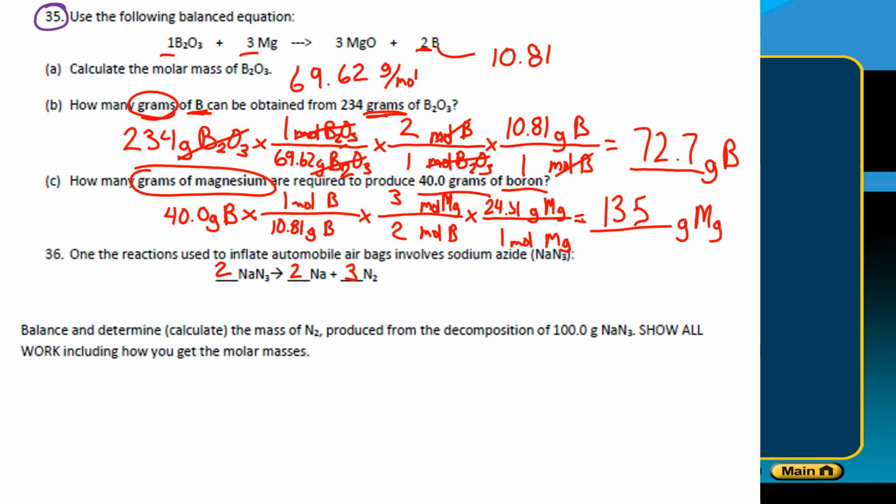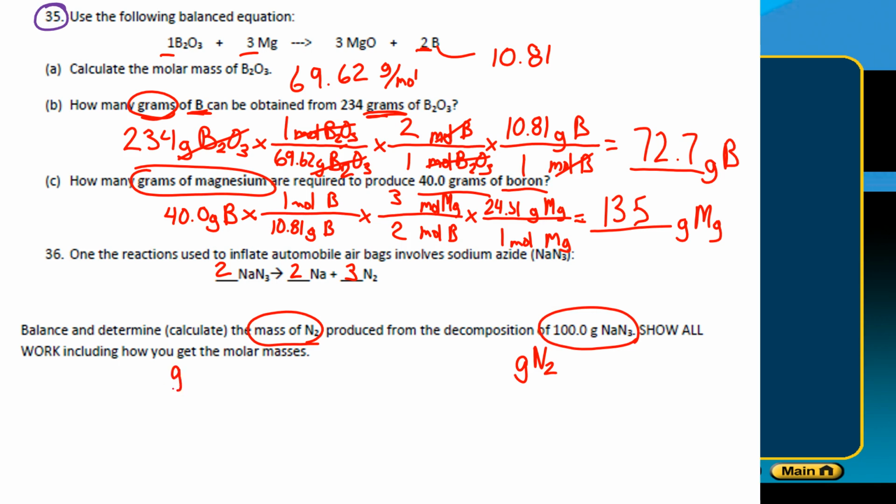So in this one, it says balance and determine the mass of N2. So I'm trying to get to grams of nitrogen produced from the decomposition of 100 grams of sodium nitride.